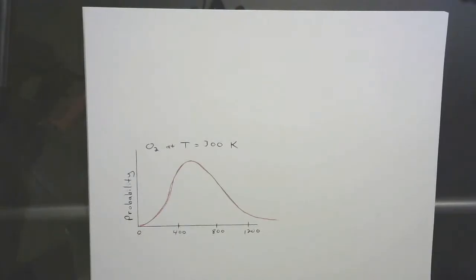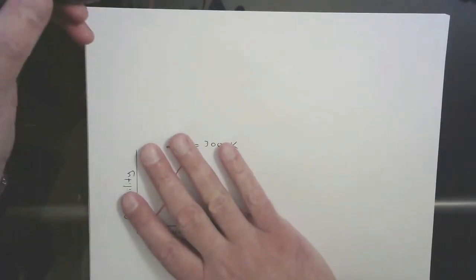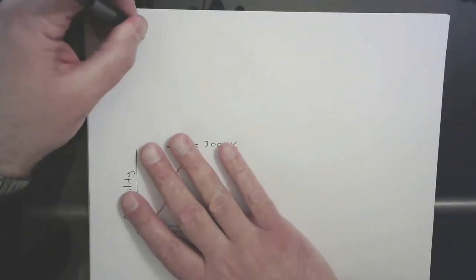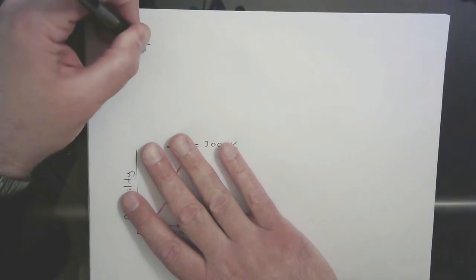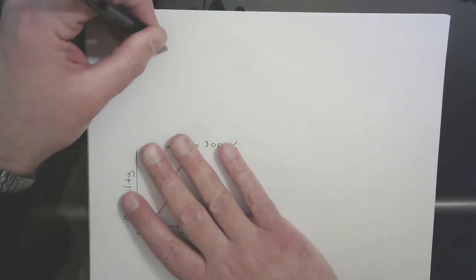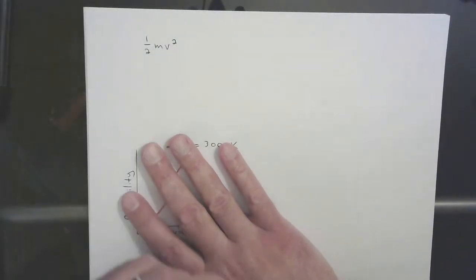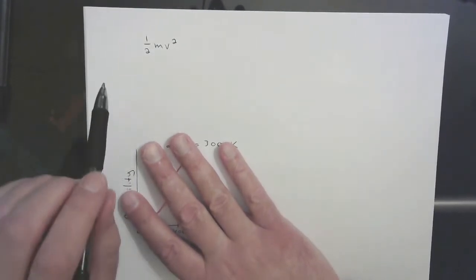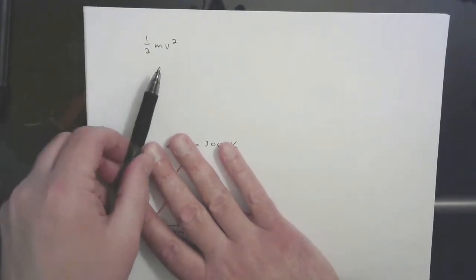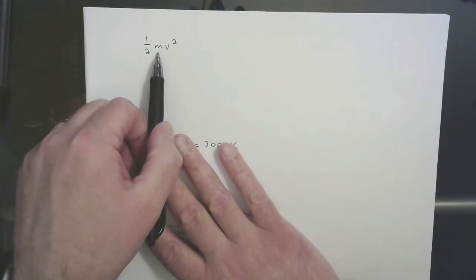Let's write down a formula for the average kinetic energy of one gas molecule. So we know the formula for kinetic energy, and it's 1/2 mv squared. Okay, so let's take one gas molecule. This mass is going to be the mass of that molecule.